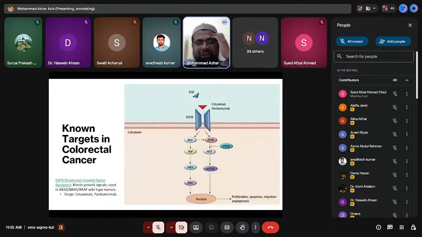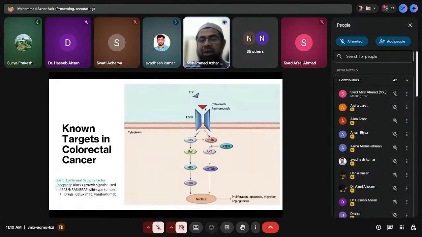Now, let us see what is already known to us. And still, the statistics are so poor that people are still dying. This is a pathway very much related to colorectal cancer, the EGFR pathway. There are cell surface receptors, the epidermal growth factor receptor, which drive the rapid proliferation of the cells.